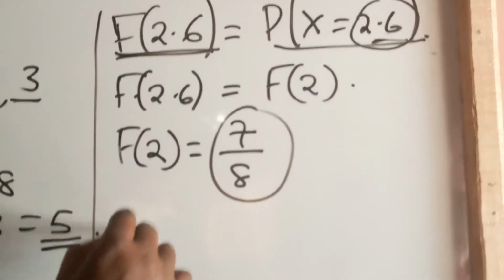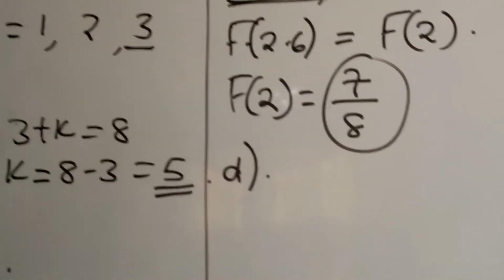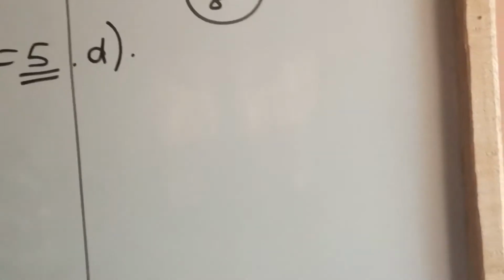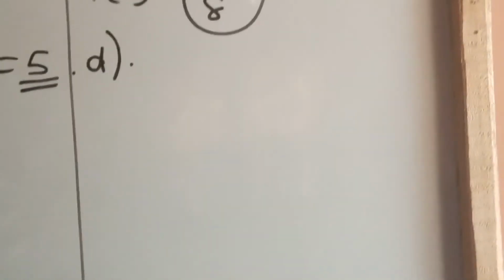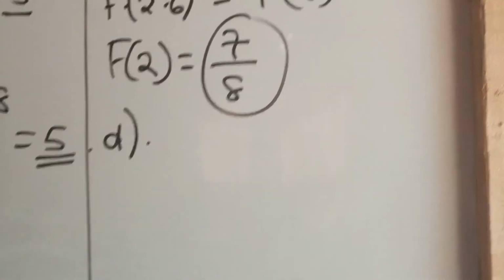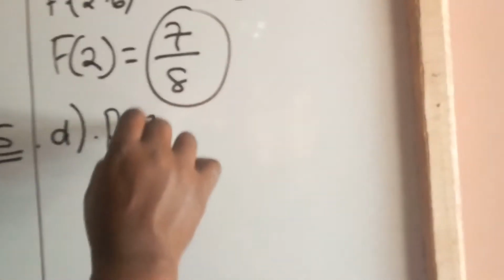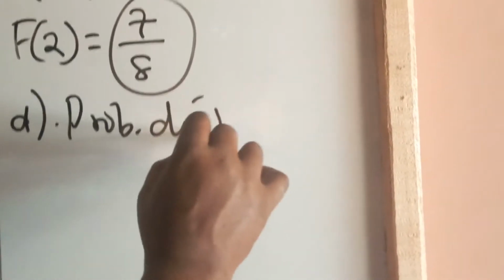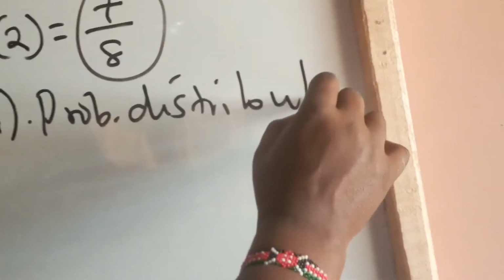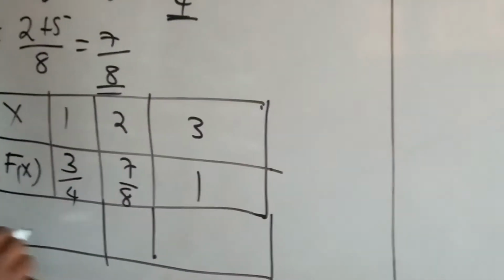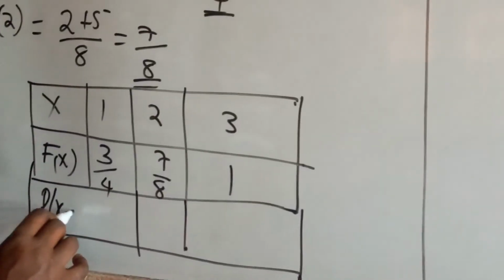Let's talk about part D. Part D of the question is: find the probability distribution of X. If we produce our table, we want the probability of X equal to x.